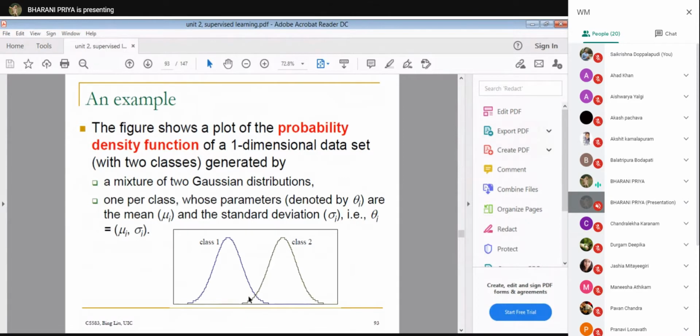So the collection of documents forms the curve. How do you draw this curve using some parameters? Those parameters are denoted with theta, which has mean and standard deviation.